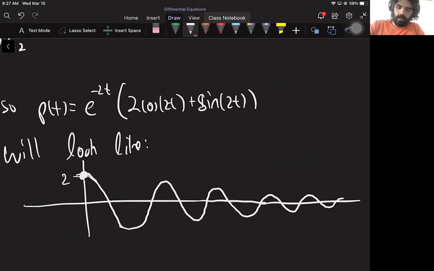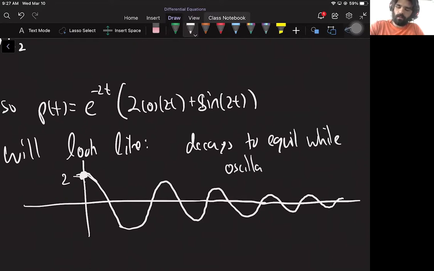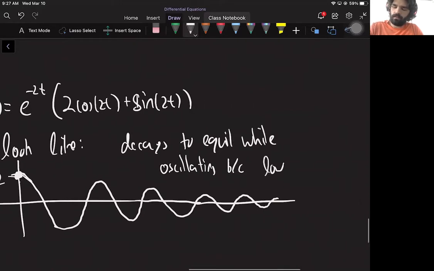Okay, so it decays to equilibrium while oscillating. This is because the air resistance is very low. This is what would happen in air. The previous one would probably happen instead of air resistance if it was like water resistance or something.